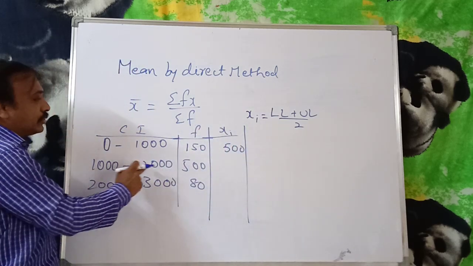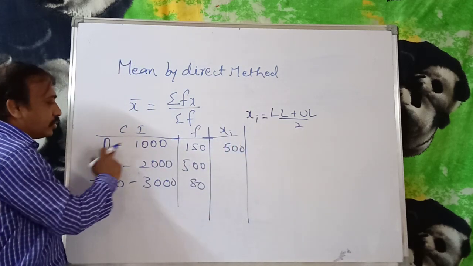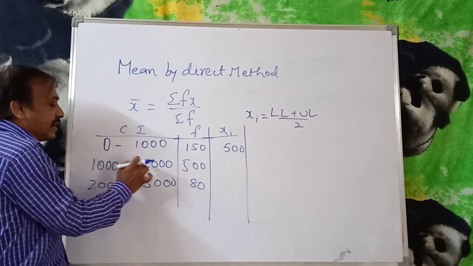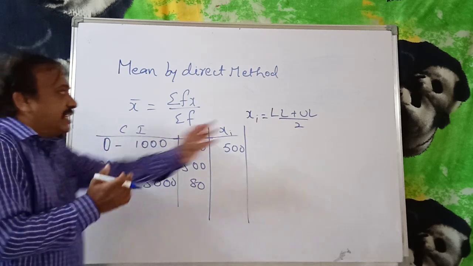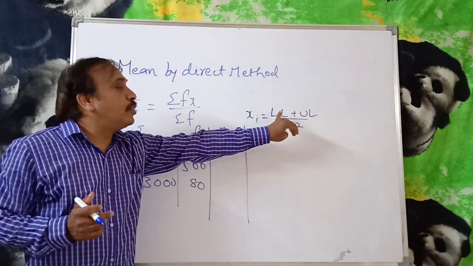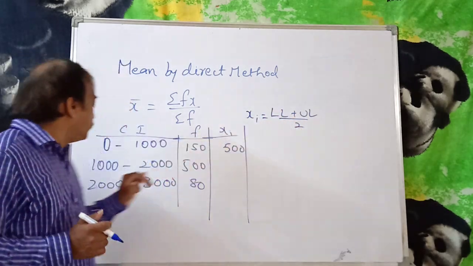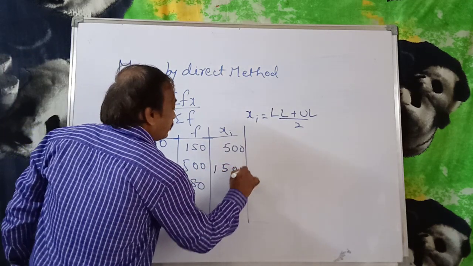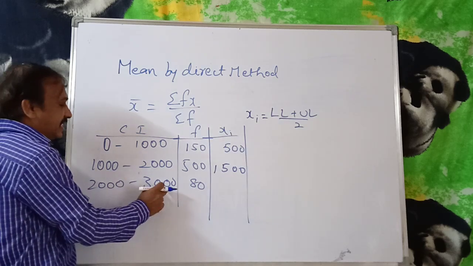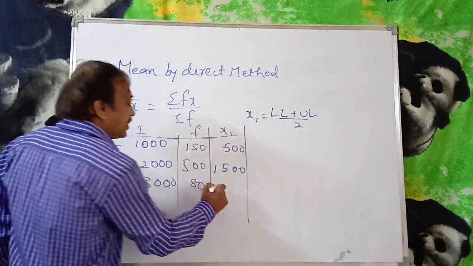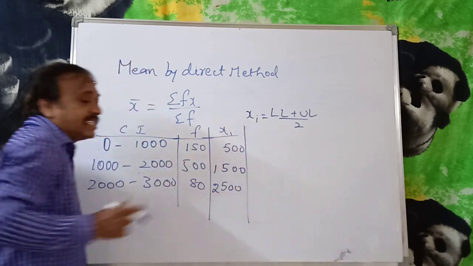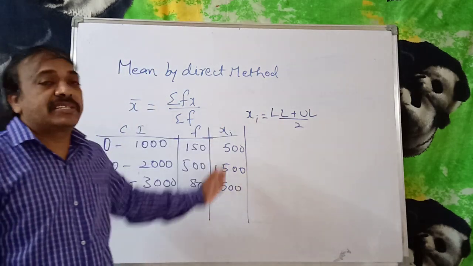Next, 1000 to 2000: 3000 divided by 2 gives 1500. Then 2000 to 3000: 5000 divided by 2 gives 2500. These are large class marks we are getting.